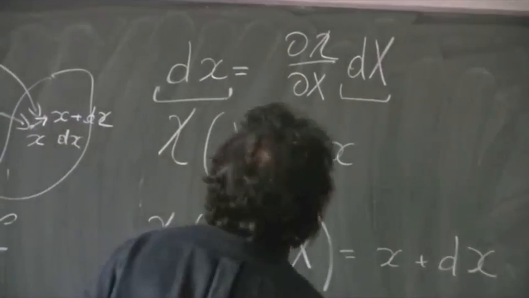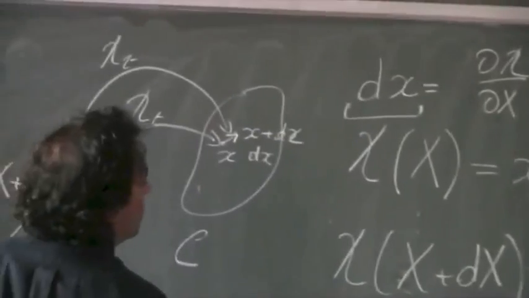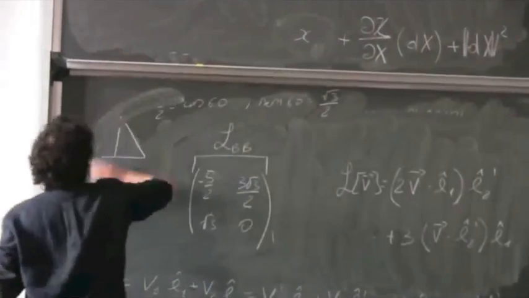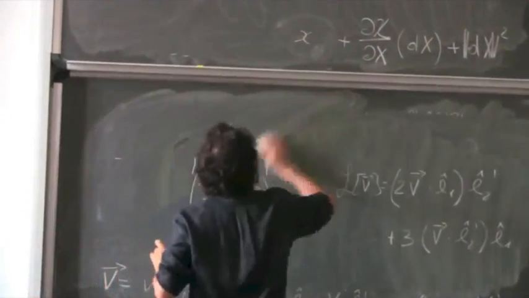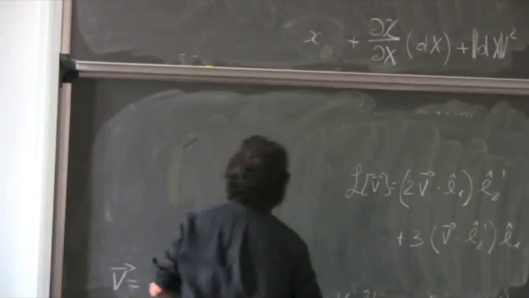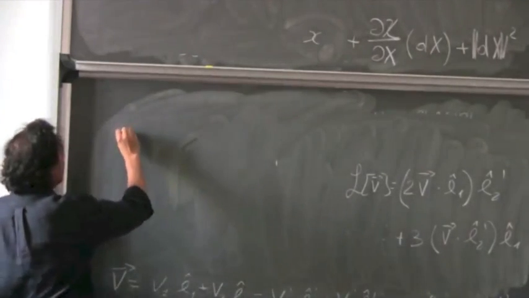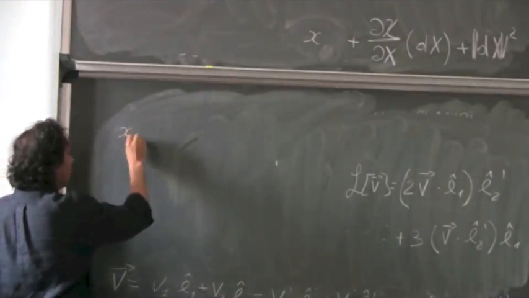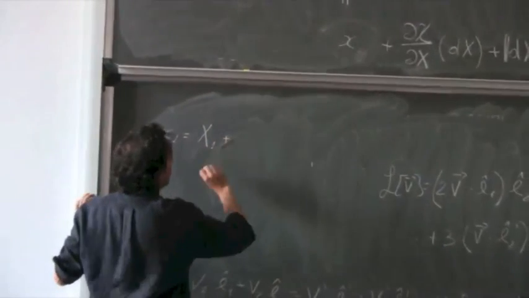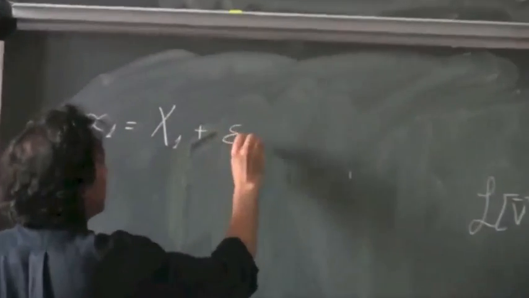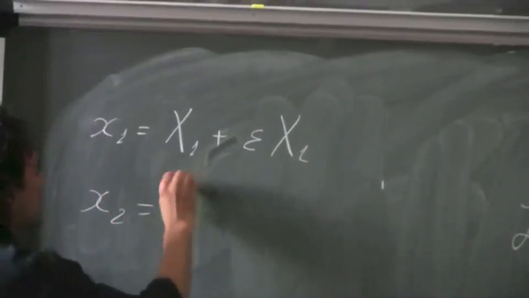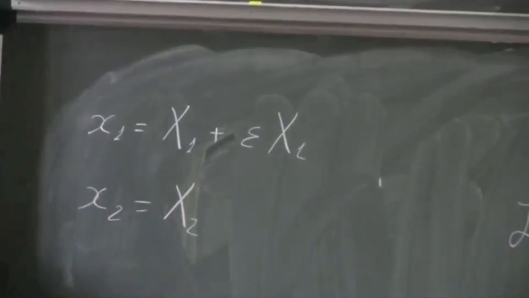For example, if you have that x1 is equal to capital X1 plus epsilon X1 and x2 is equal to capital X2.